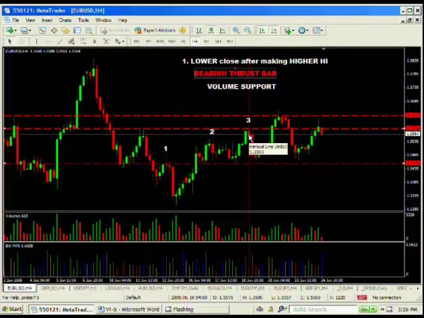And to do that, we need to look and see where are the operators and where is the public herd. Now, when we look back, we see that the last bar on which the operators participated was this bar here, this weak bar here was the last operator participation.